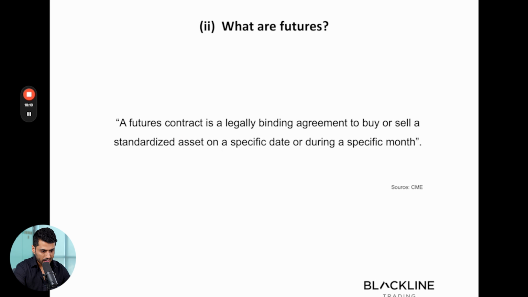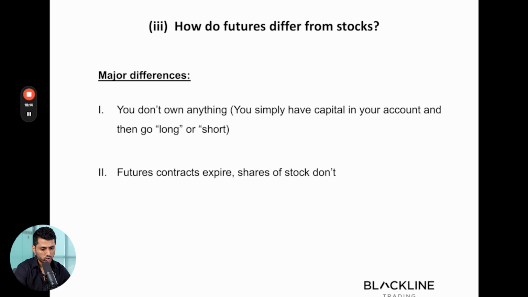So with that being said, let's also quickly look at how futures differ from stocks. There are 2 major things that you need to think about when comparing futures with stocks. The first major difference is that in futures, you don't really own anything. As we said, you simply have capital in your account, you go long or you go short. What exactly do we mean by owning anything?